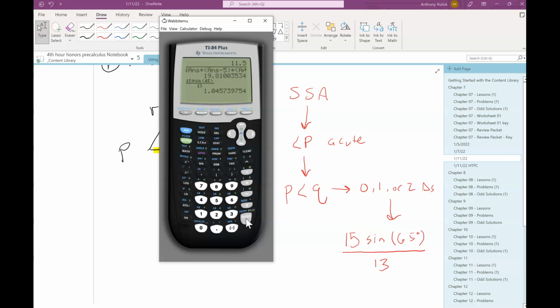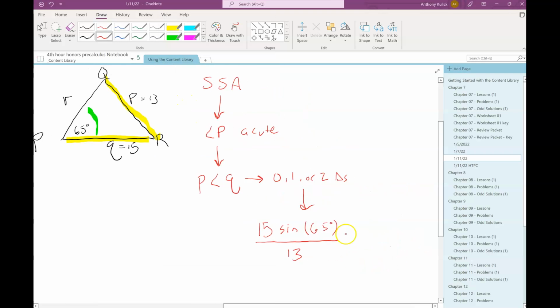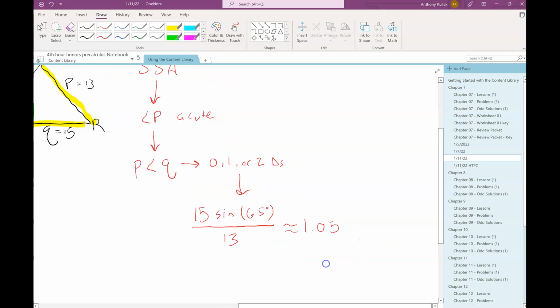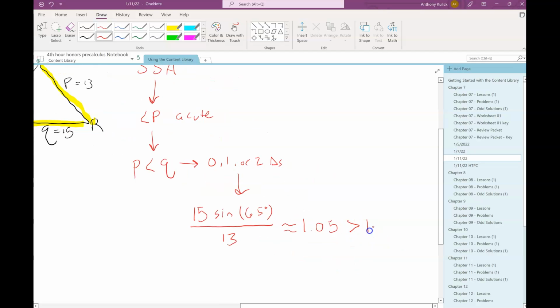So I do that, I got 1.05-ish. Okay there? And if this number is bigger than 1, we get 0 triangles. If that number was equal to 1, it would be 1 triangle. And if it was less than 1, we'd have 2 triangles.